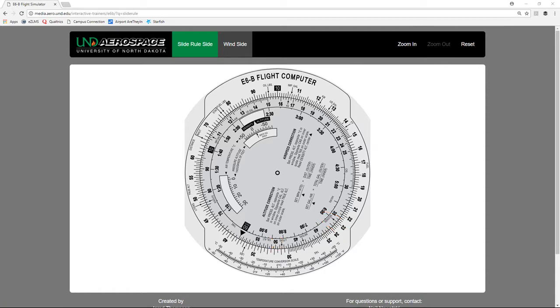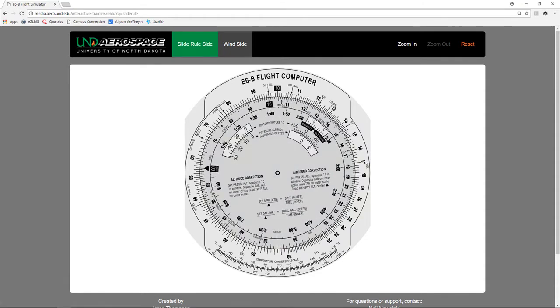So don't get too confused with this method. It's really no different than the traditional time, speed, and distance method. And remember, the face of the E6B has instructions to make these calculations. Once again, we can find those right here. So those instructions still apply for the short method.